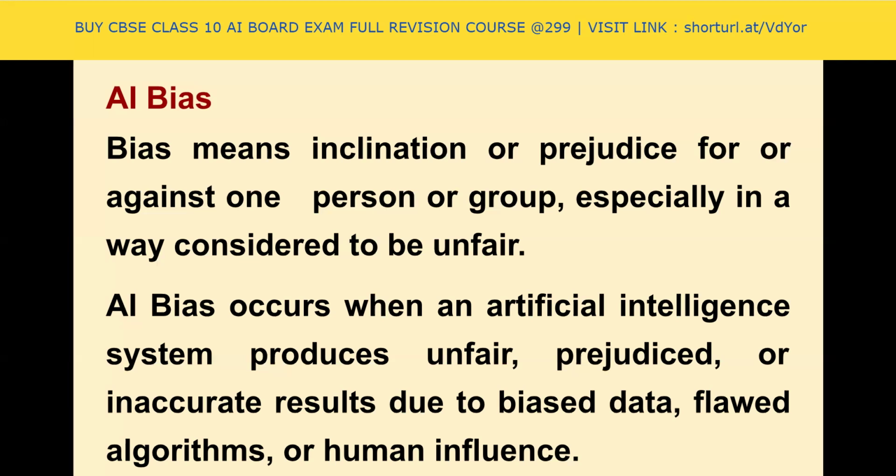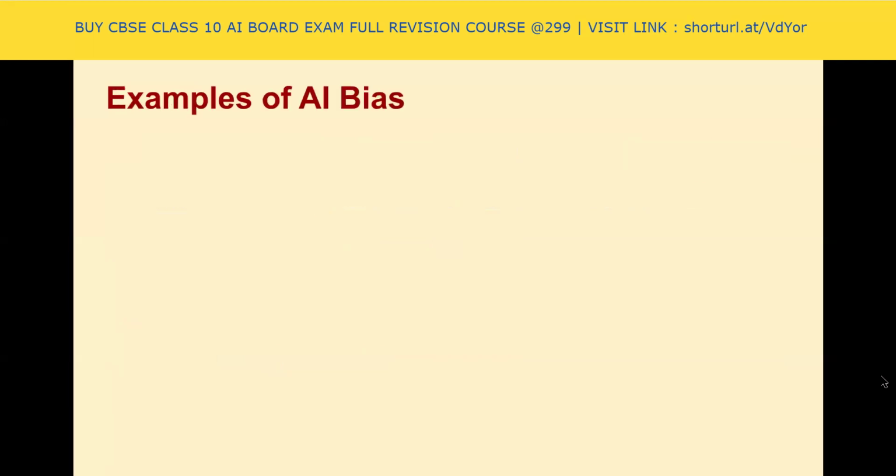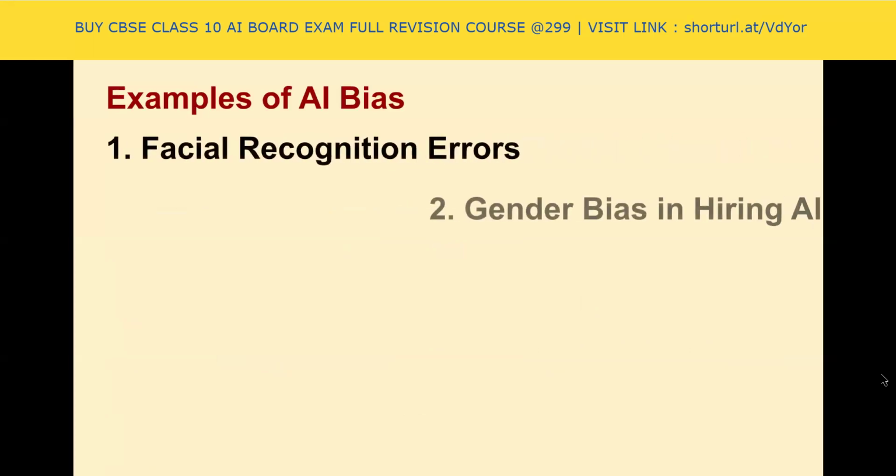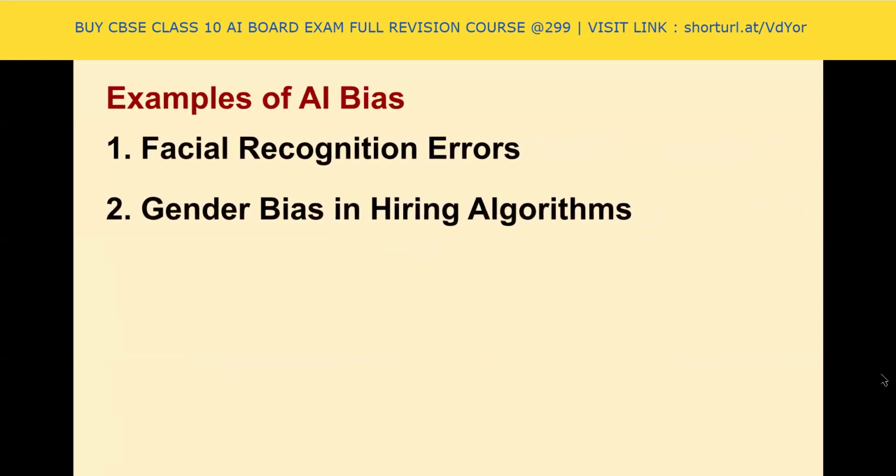So this can also be done in AI applications, which can influence decisions, or the applications which are using AI can be affected by this. So now let's see a few examples where these AI biases are there.